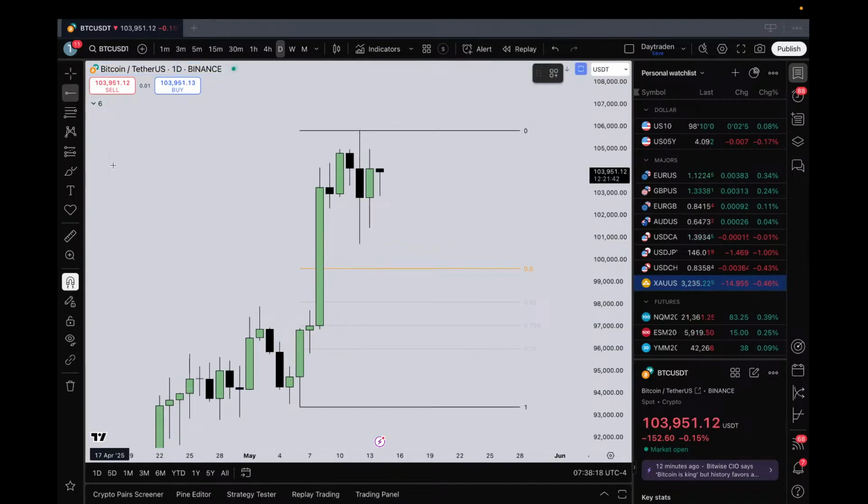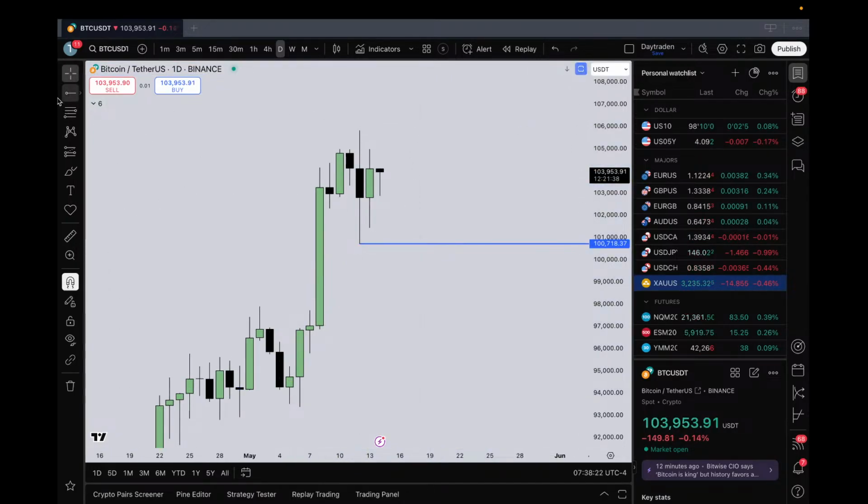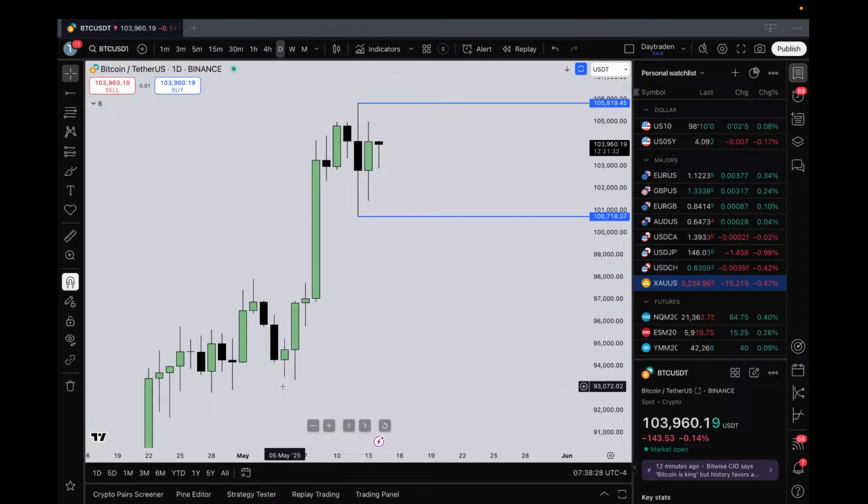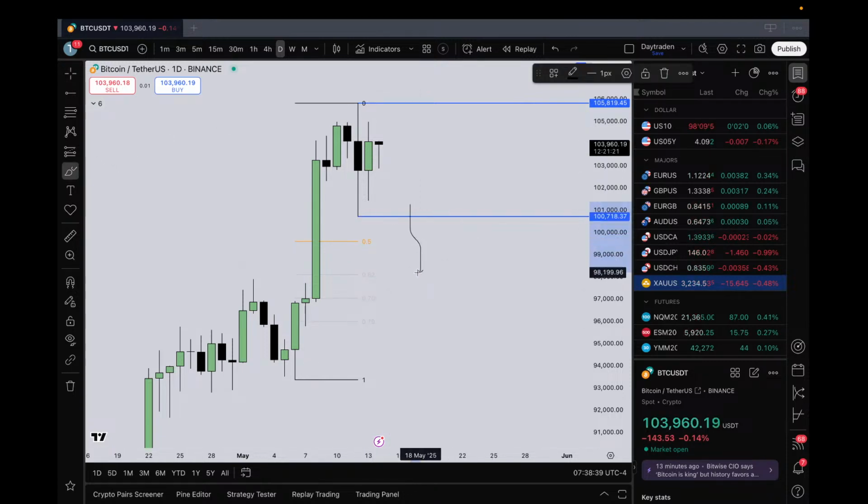We can clearly see that we are consolidating. We are trading inside Monday's candle. This is the range. We had an inside bar. Personally, I would suggest you wait for price to manipulate lower. Let it trade into discount, and then you can look for continuation higher.